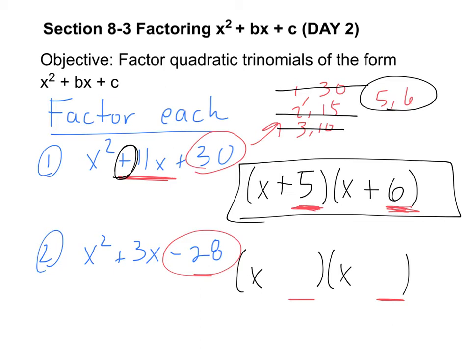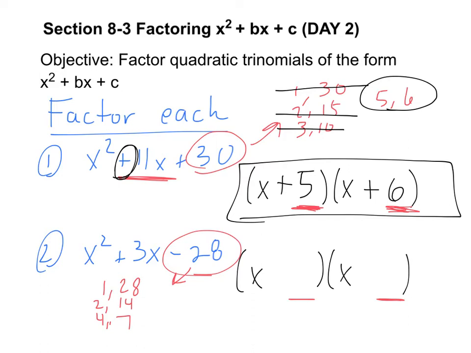So let's list out our factors of 28. I know we have 1 and 28, and then 2 and 14, 3, nope. Not going to 28. And then 4 and 7.